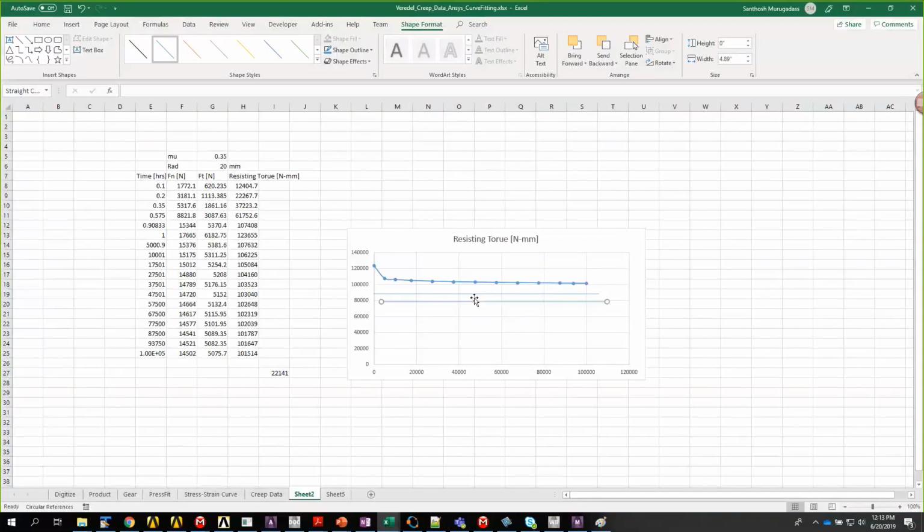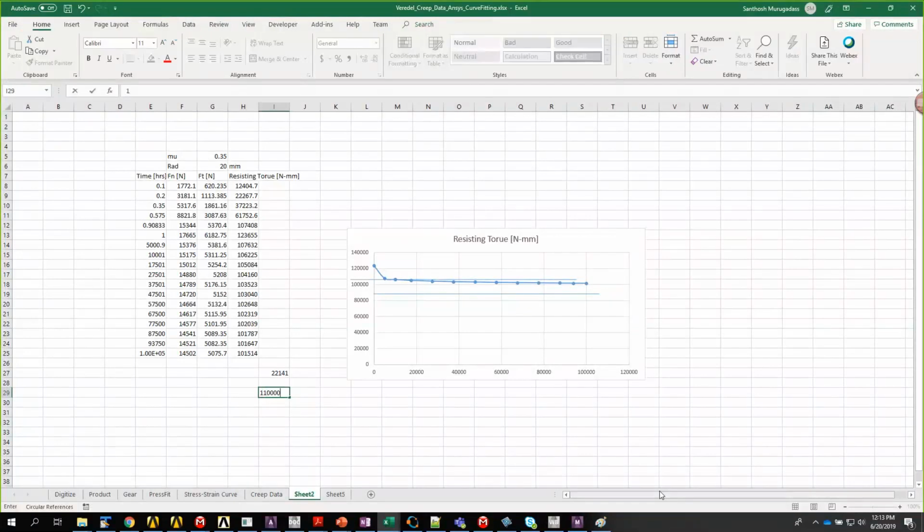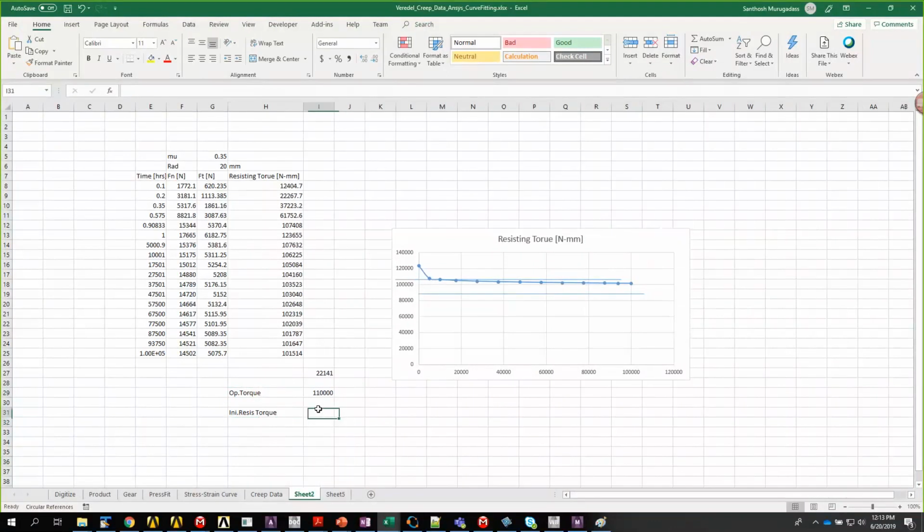If the belt for this design is expected to transmit something like this, say for example 11, let's say this is an operating torque, and the initial resisting torque we have is this much.